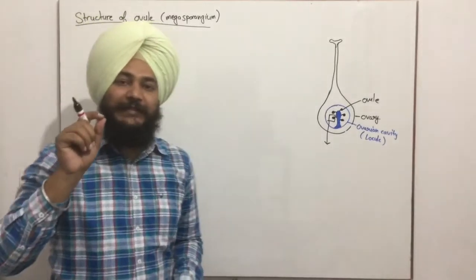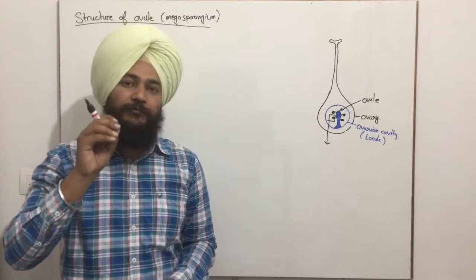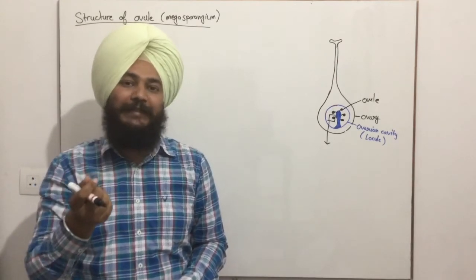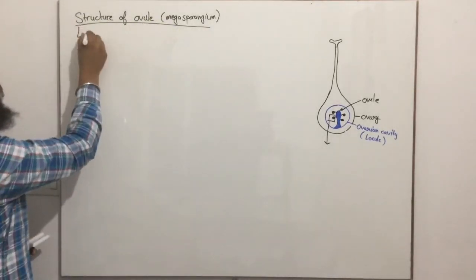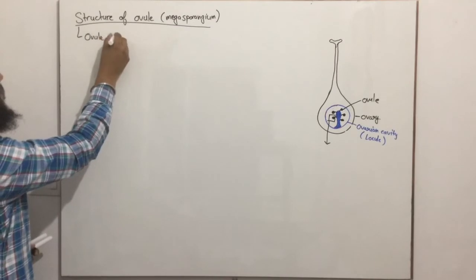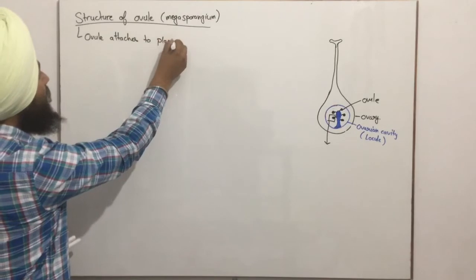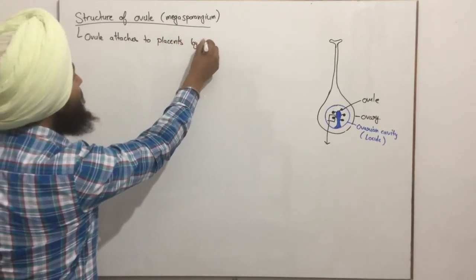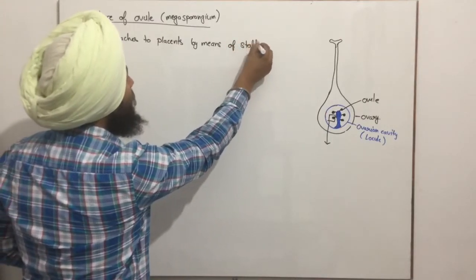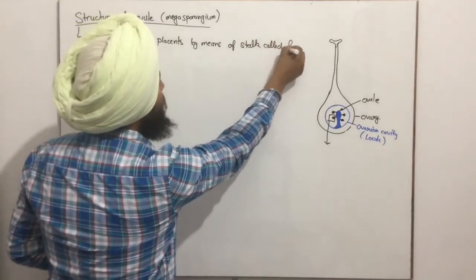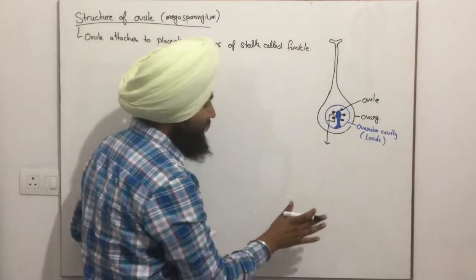The structure by means of which the ovules are attached on the placenta is called the funicle. The ovule attaches to the placenta by means of a stalk called the funicle.